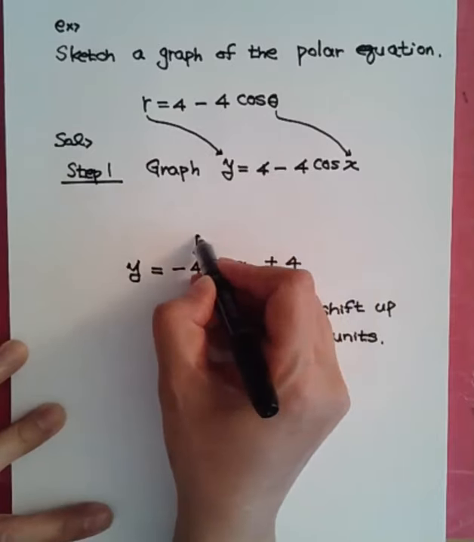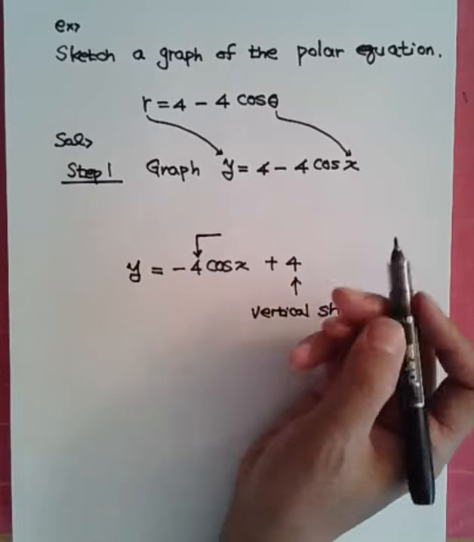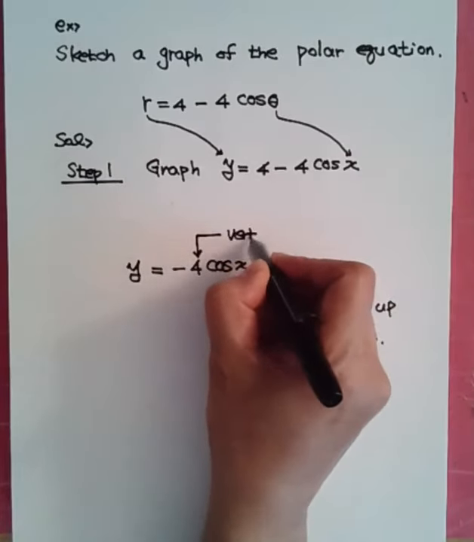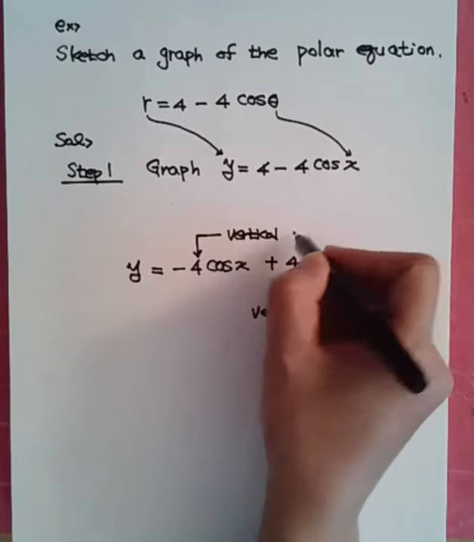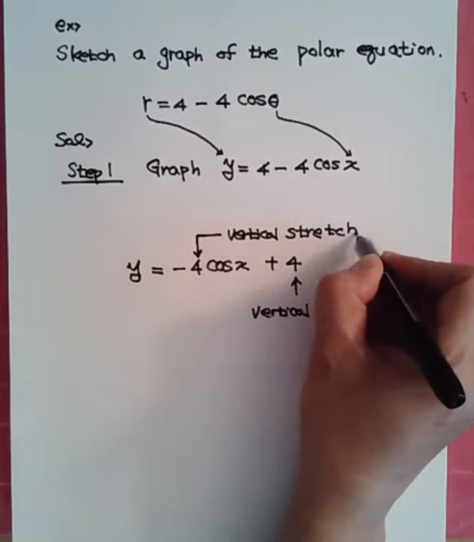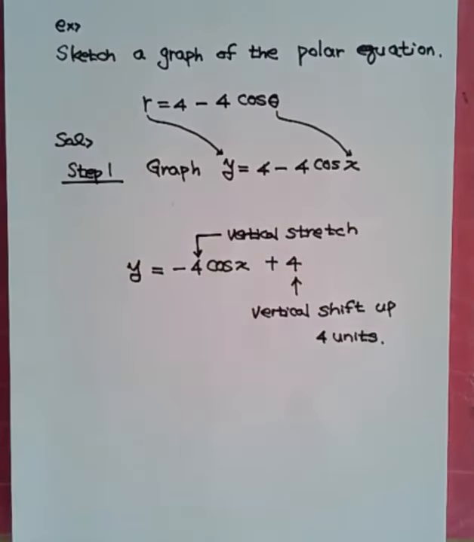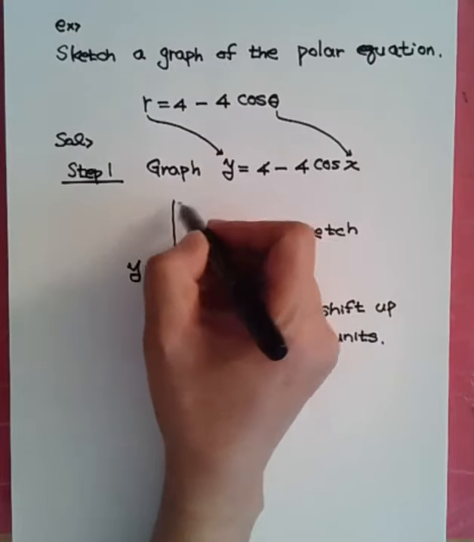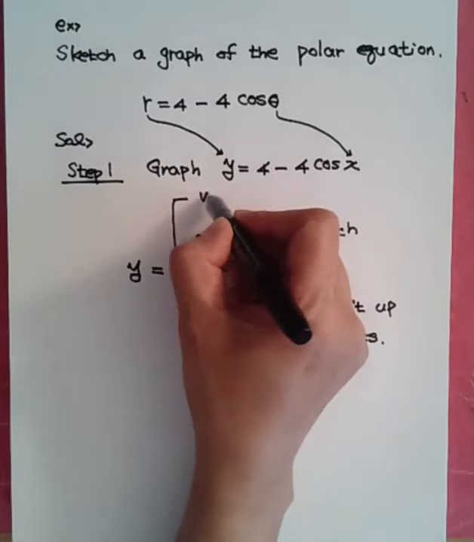Because of 4 multiplied to the cosine function, there is a vertical stretch. This minus indicates there is a vertical reflection.